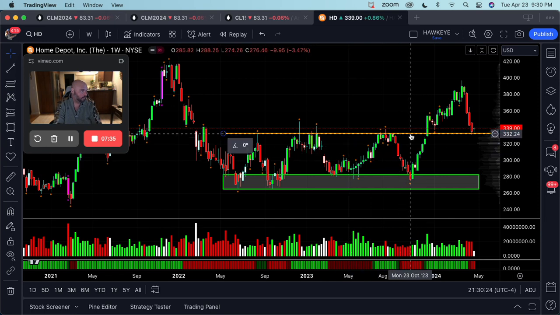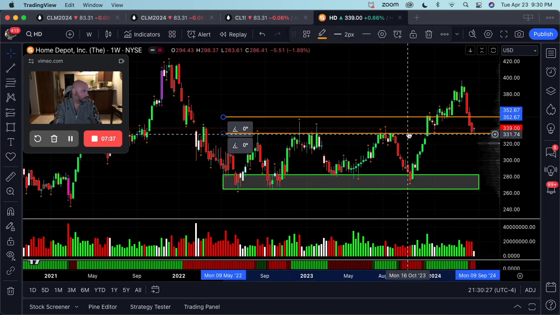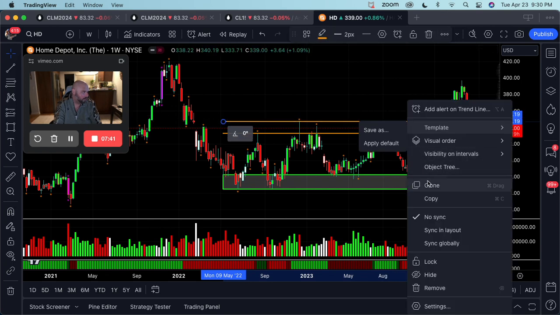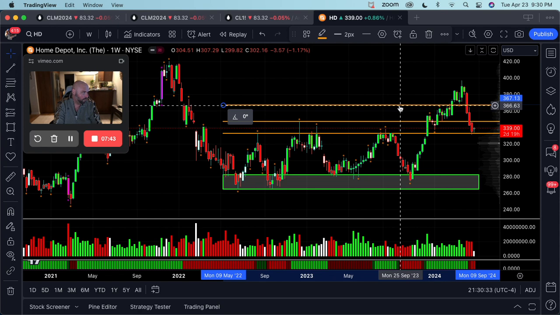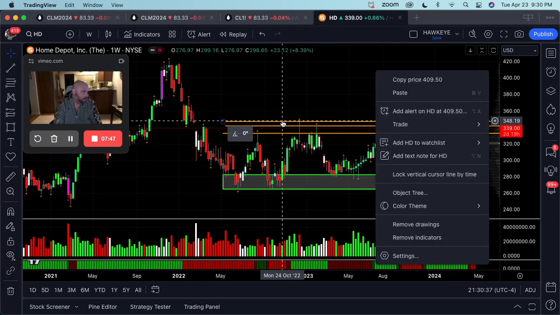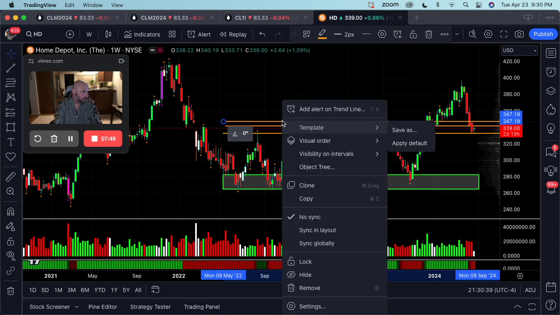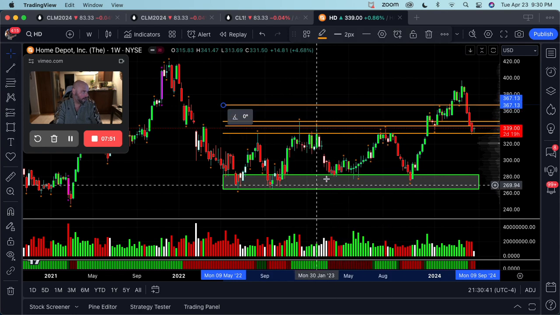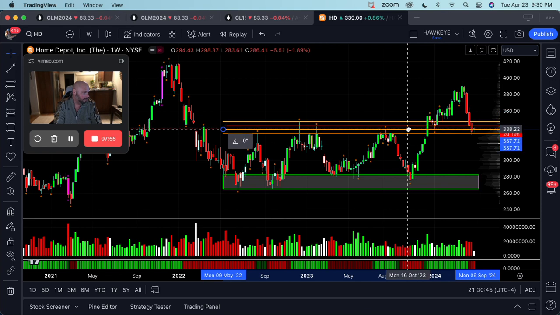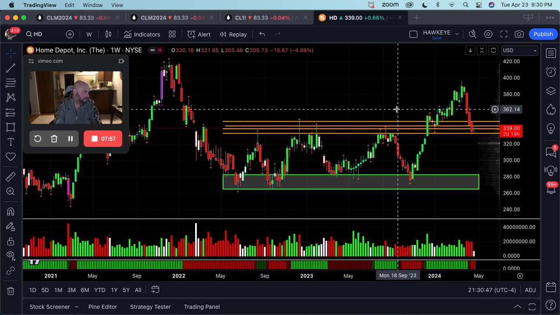And you could throw a couple lines here, all the way at that wick. You could throw another one here at this wick, and another one here. You can stagger these in, but recognize that it's nothing more than just an area, that level.